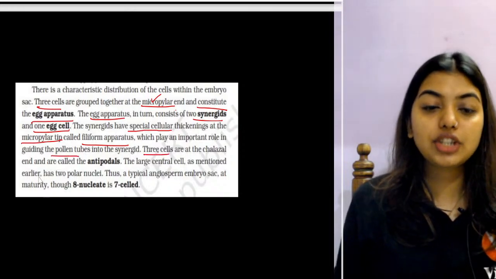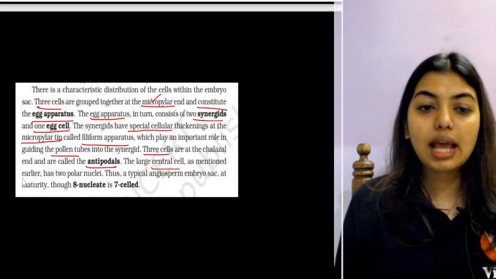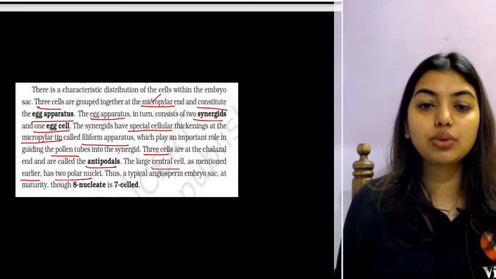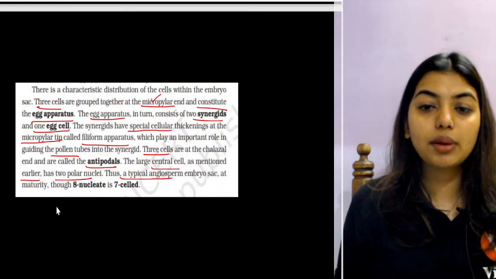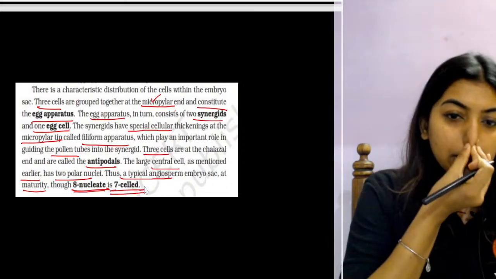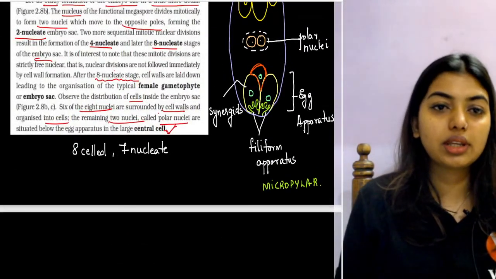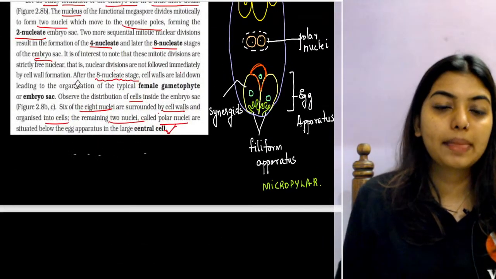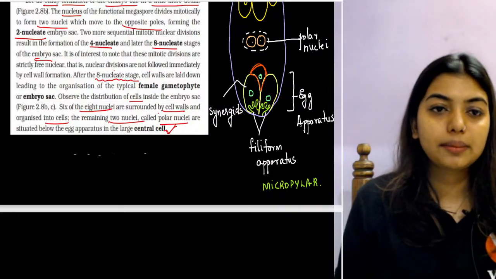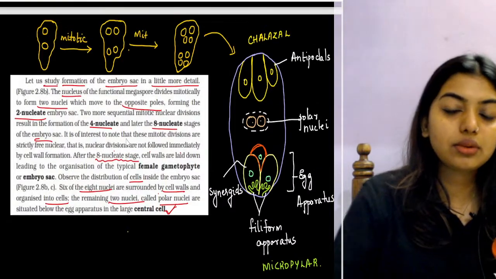3 cells at the chalazal end are called antipodals. The large central cell, as mentioned earlier, has 2 polar nuclei. Thus a typical angiosperm embryo sac at maturity shows 8 nucleate, 7 cell stage. Is this clear? Did I write it the wrong way around, students? Oh, I'm so sorry, 8 nucleate. Here actually I said it the wrong way.